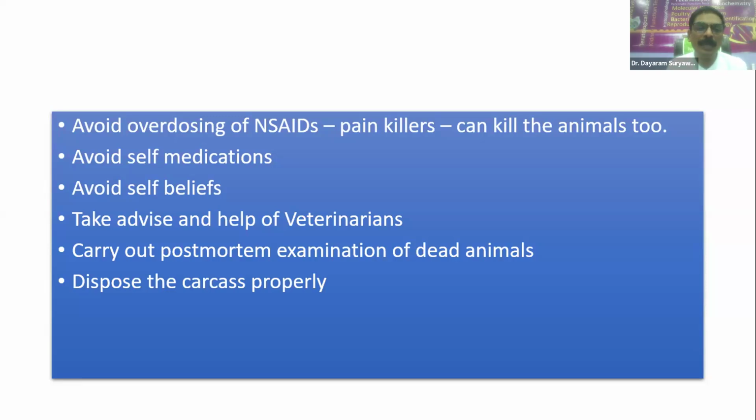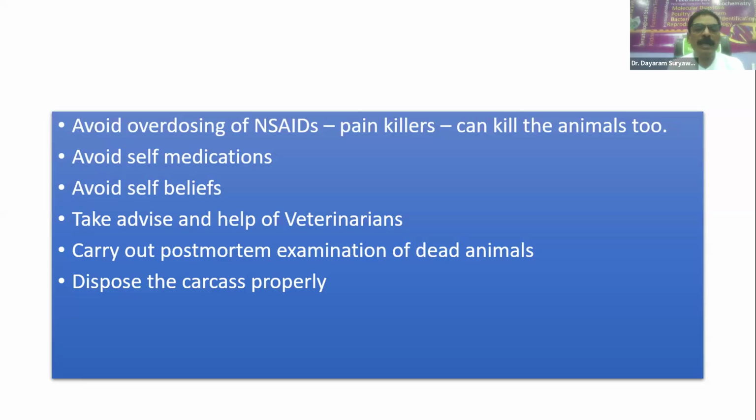So avoid self medication, avoid self belief. We should teach the farmers to avoid self medication, because with it they give excessive doses of NSAIDs, and ultimately that helps to kill the sheep and goat.